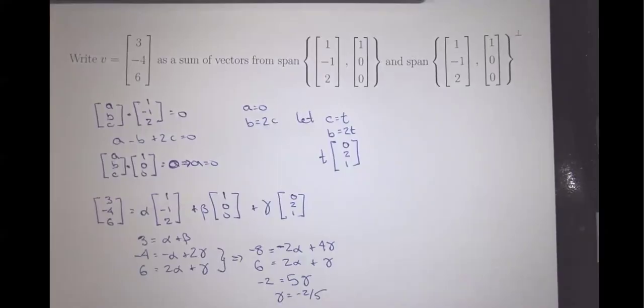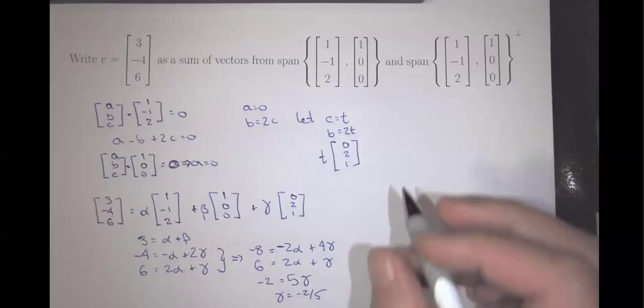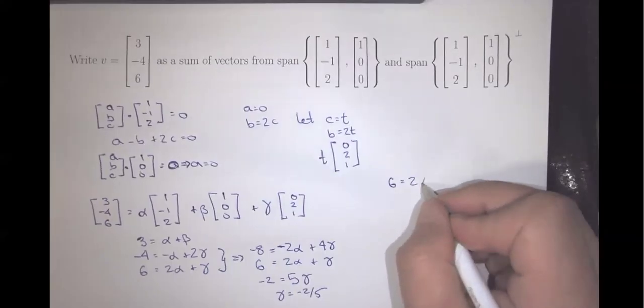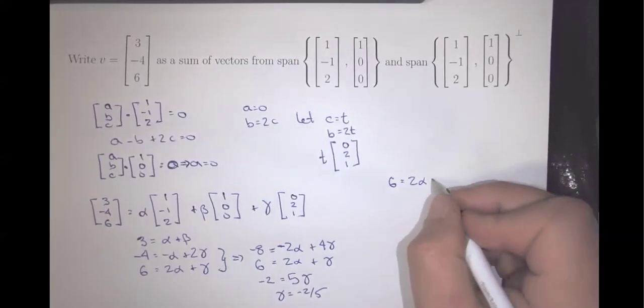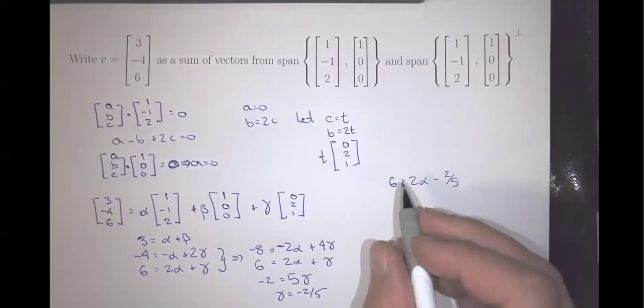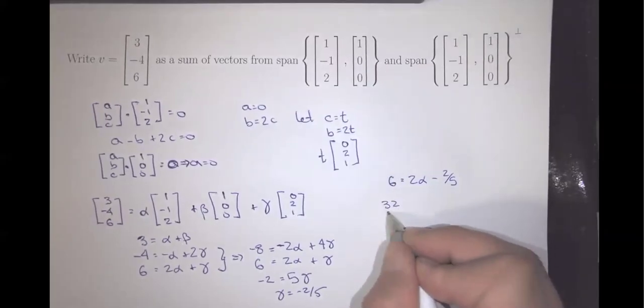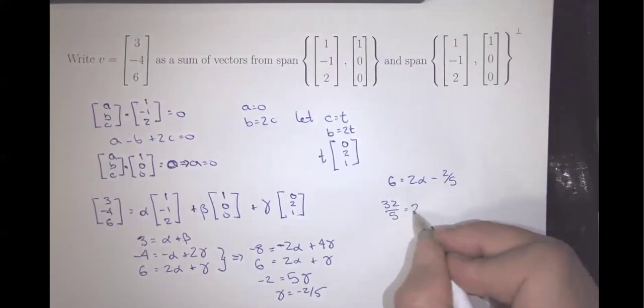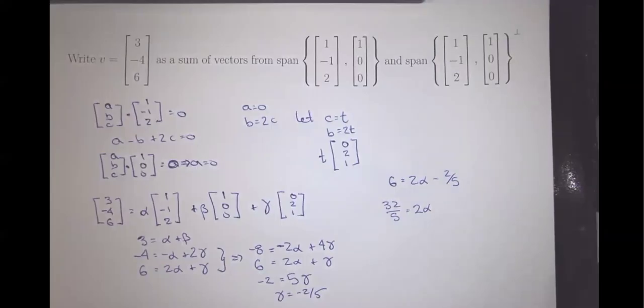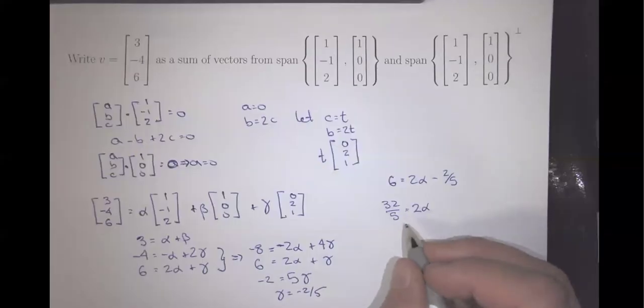Knowing that, we can figure out what alpha is. So 6 is equal to 2 alpha minus 2/5. Okay, so 6 is 30 plus another 2 is 32 over 5 is equal to 2 alpha. 32 in half is 16.